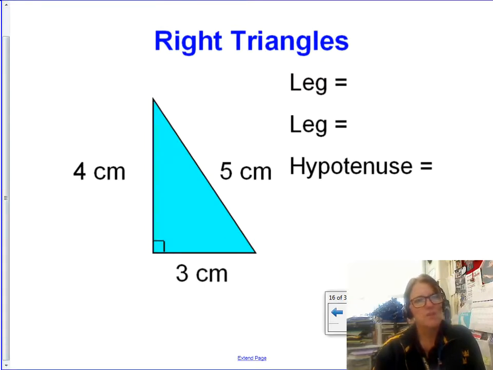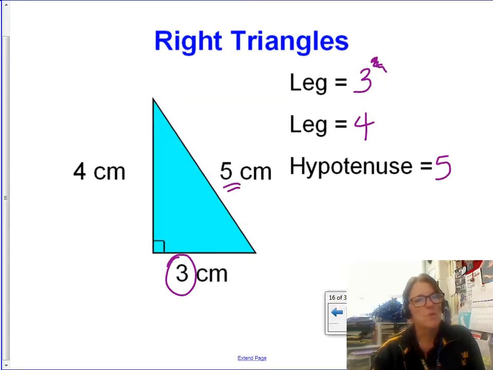No, the relationship comes from this special property where you take one leg, let's say this one, which was 3, and this leg, which happened to be 4, and square them. The hypotenuse is 5.